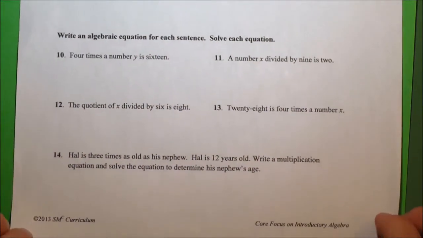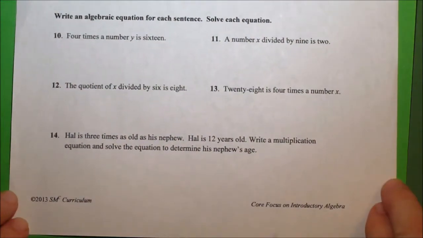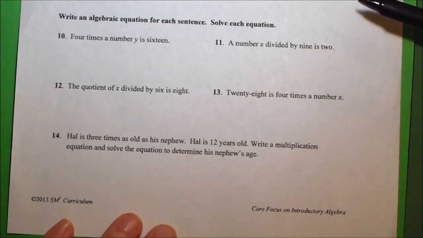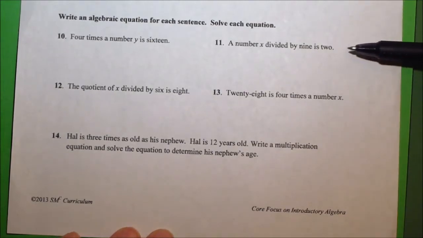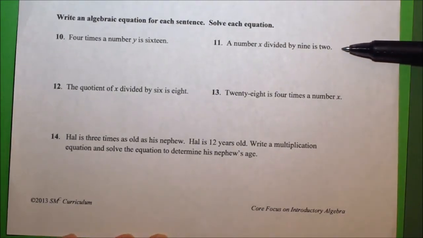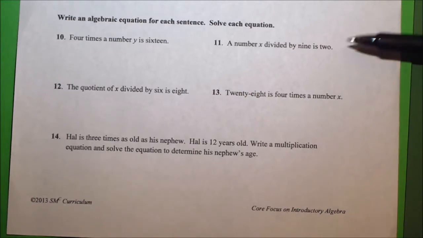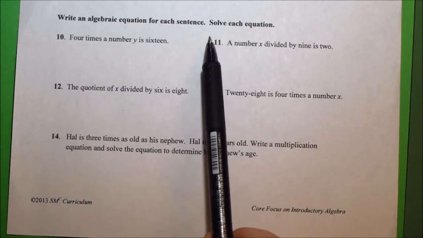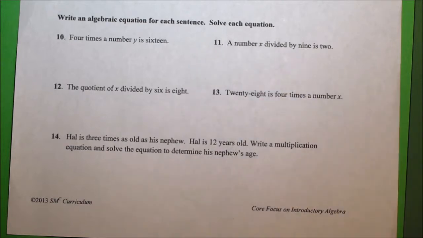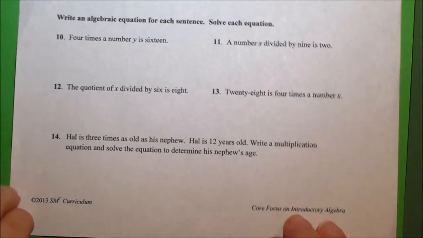The second part of your worksheet, as you've seen in previous examples, is the same, it's just you have to write the equation from the word phrase first, then solve it, and on these it says solve the equation. It doesn't say to check your solution, but that's never a bad idea. All right, so that's your worksheet.